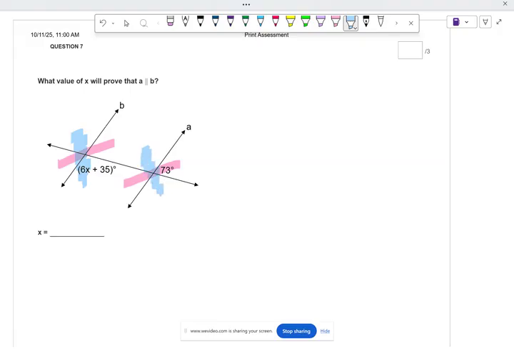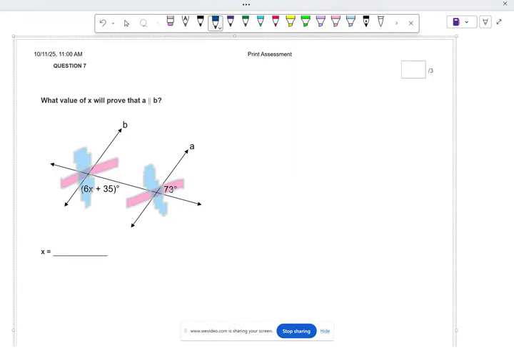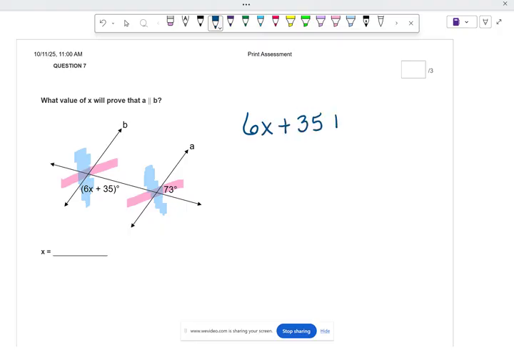I know that if 2 angles are on opposite colors, then they are going to add up together to equal 180. Let me get my writing utensil working. So my equation would be 6x plus 35 plus 73 equals 180.